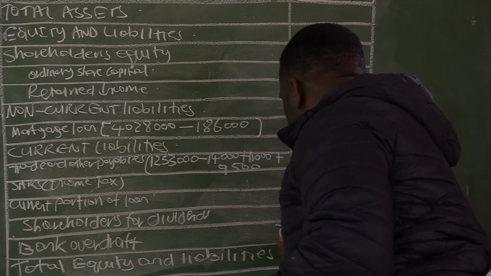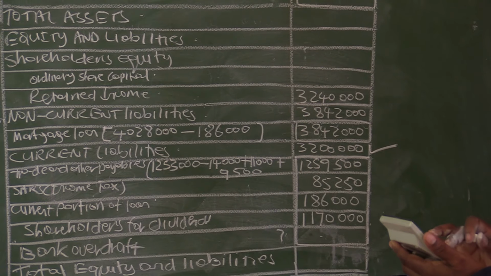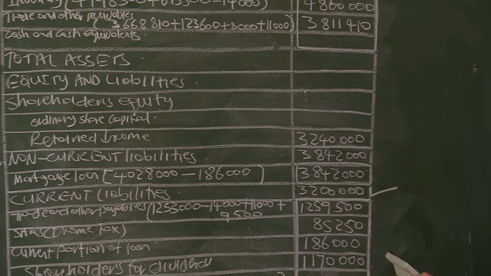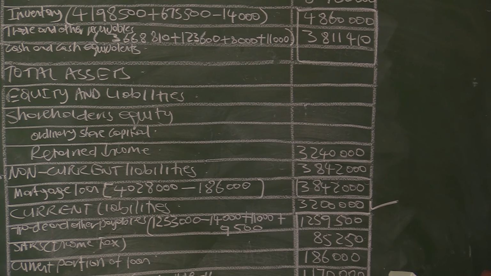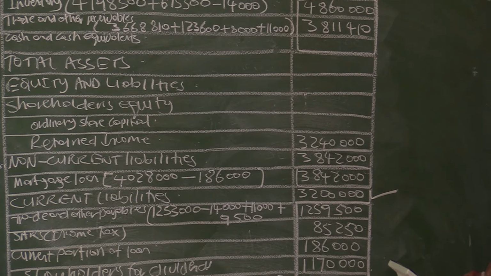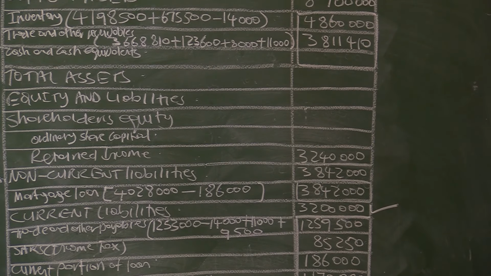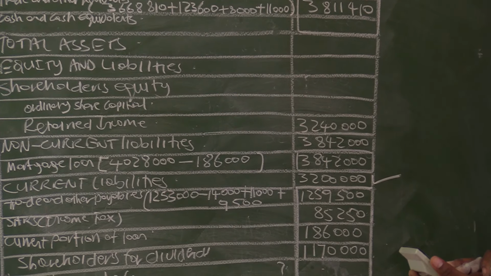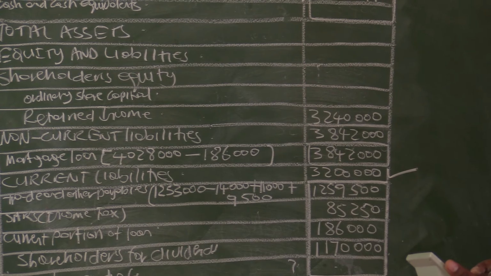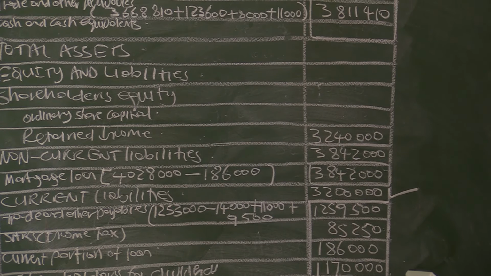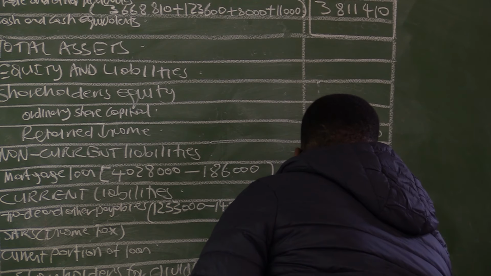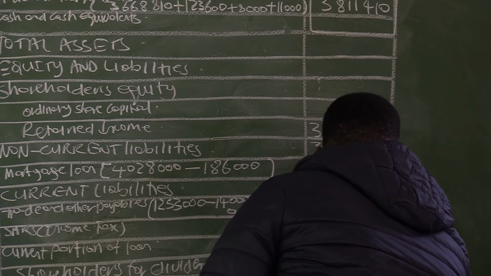And then to get this missing amount for bank overdraft, it will be 3,200,000 minus 1,259,500 minus 85,250 minus 186,000 minus 1,170,000 equals 499,250.